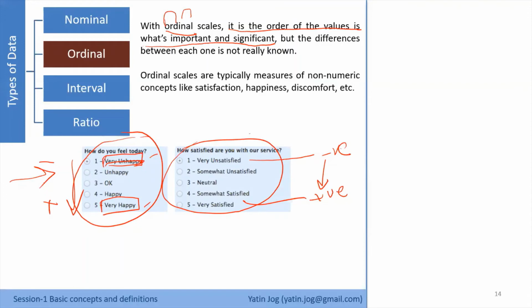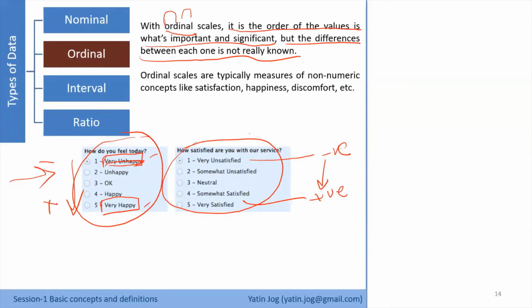And when I say very unhappy and when I say unhappy, I don't know the difference. What is the meaning of very unhappy and what is the meaning of unhappy? For me, whatever is unhappy, for someone else, that may be very unhappy. So likewise, I cannot quantify. In short, I cannot quantify the meaning of very unhappy and unhappy because I cannot know the difference between them. And that is the second thing. The difference between each one is not really known.